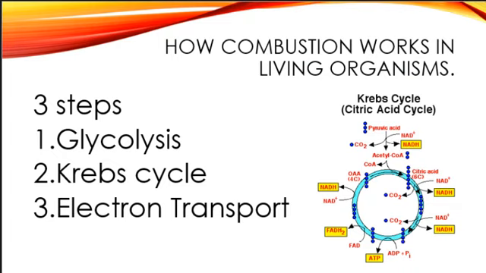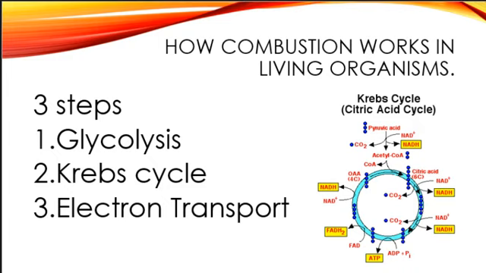Now if I took this and changed the arrow to go the other way, that's what we're doing. That's called respiration, assuming you're breathing. So we have 3 steps to take my glucose, C6H12O6, and I'm breathing my O2, and I'm going to turn it into CO2 and H2O.